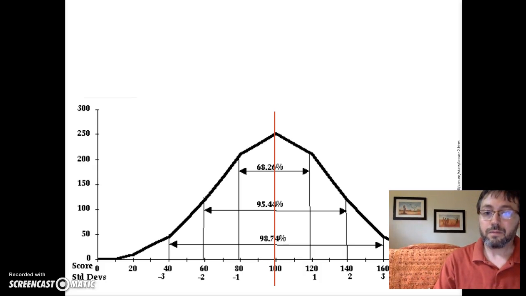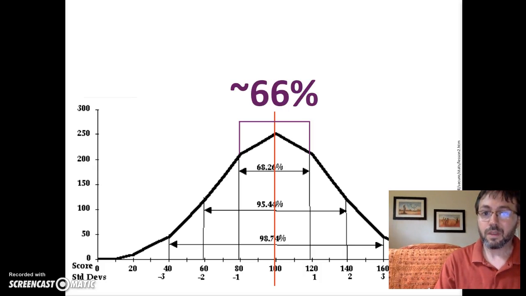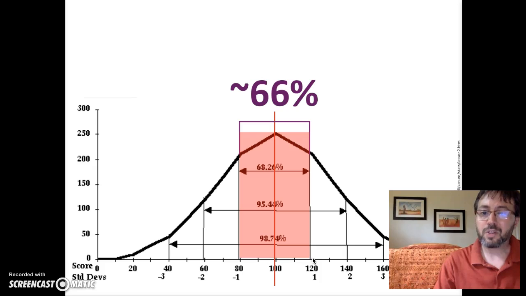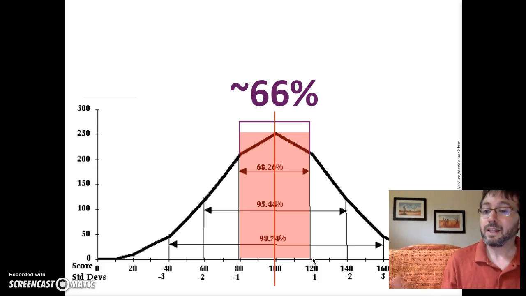Now, if we expand beyond that and look at these two bars here at 80 and 120, within this data set, 66% of all observations fall within this range. That's the definition of a standard deviation.